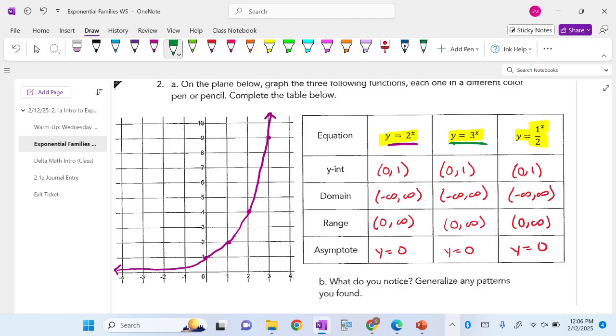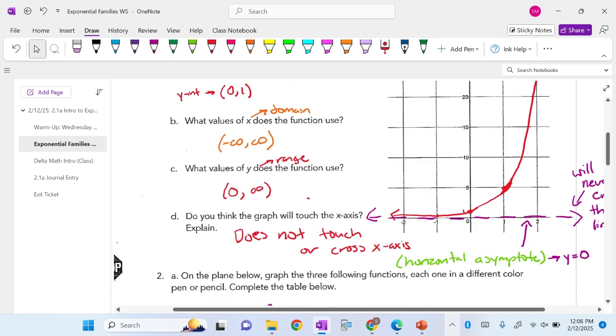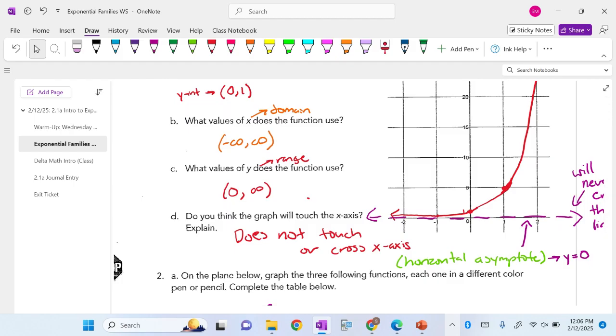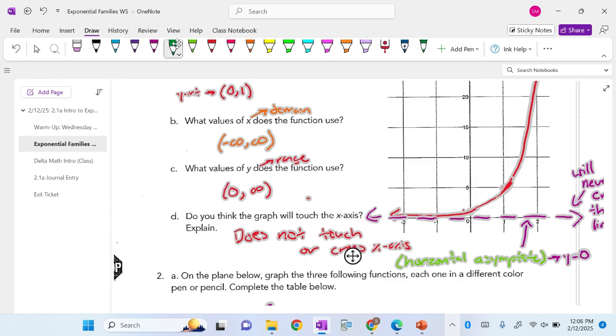The asymptote is the thing we just talked about up top. So the horizontal line that doesn't cross. So where does it look like the graph doesn't go over? So that line right there, or right here.